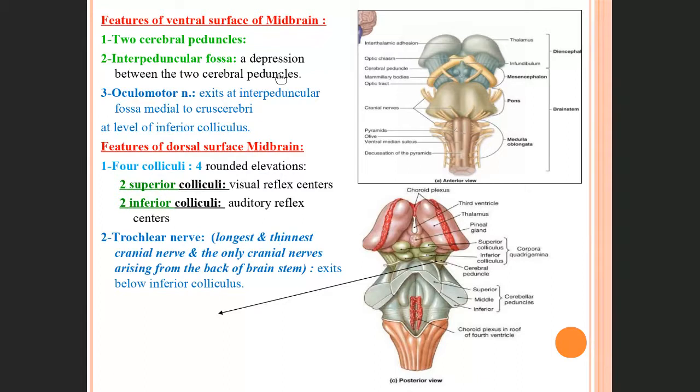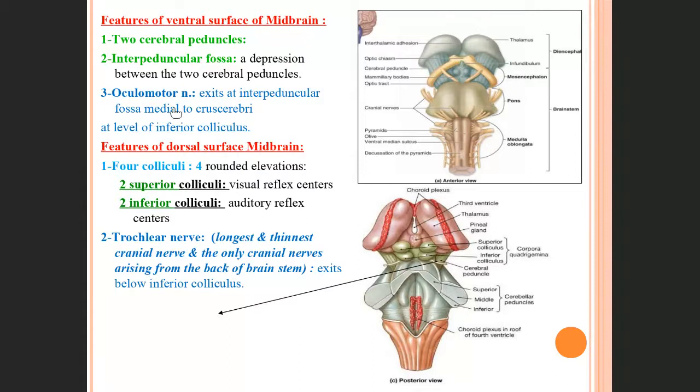Interpeduncular means this is one peduncle and this is one peduncle, and in between is the space, the interpeduncular fossa. Fossa means a space or depression connecting the two peduncles.